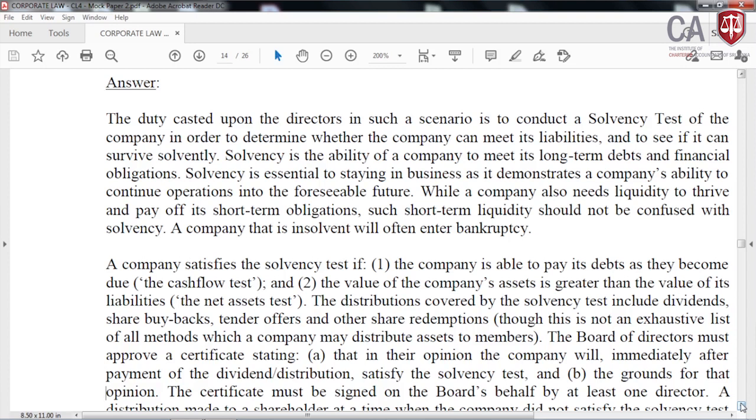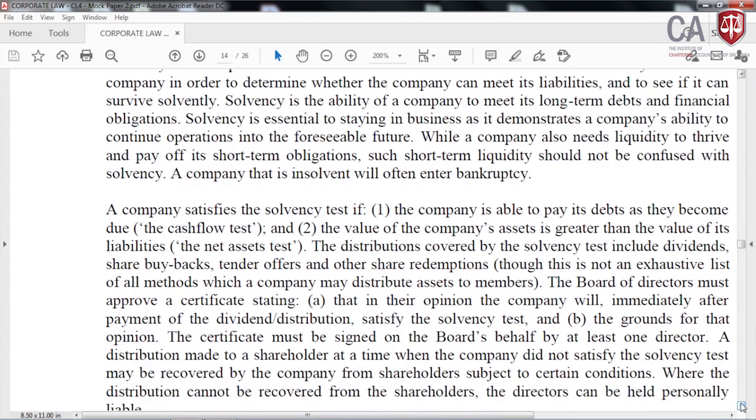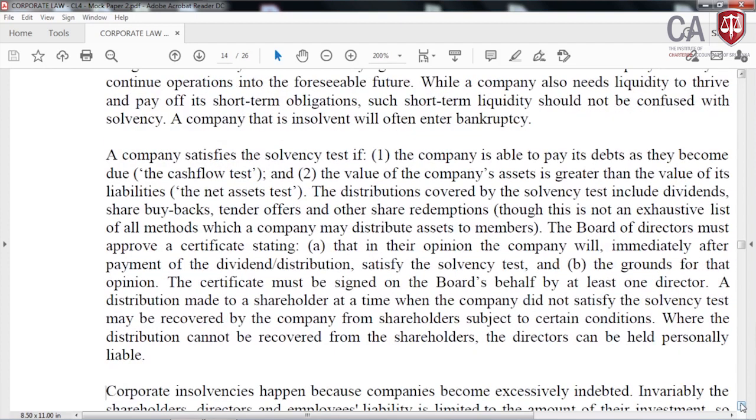The board of directors must approve a certificate after conducting the solvency test. The certificate must state that, in the opinion of the directors, the company will immediately after payment of the dividend or distribution satisfy the solvency test, and the grounds for that opinion.